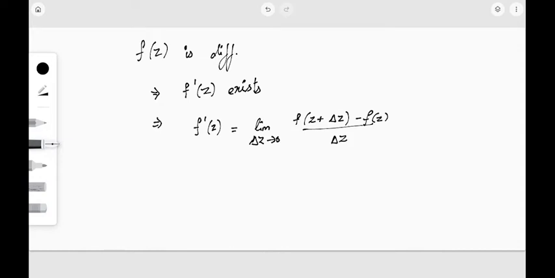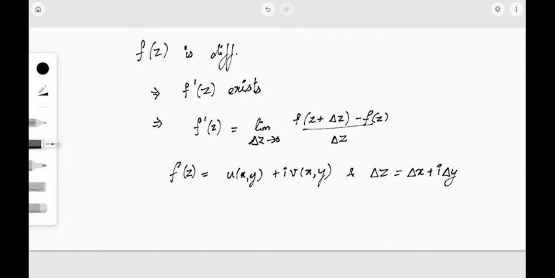This was the definition. Now I'm going to replace f(z) by u(x,y) + i v(x,y), and delta z by delta x + i delta y.